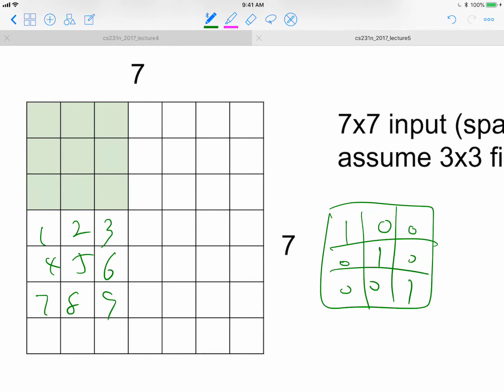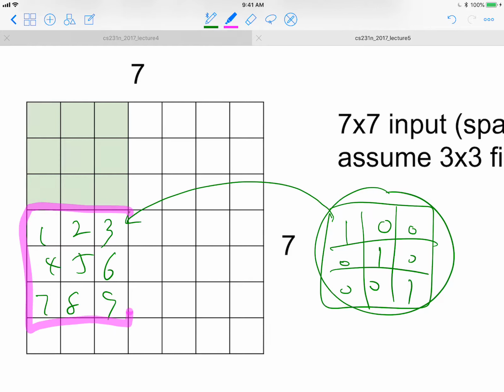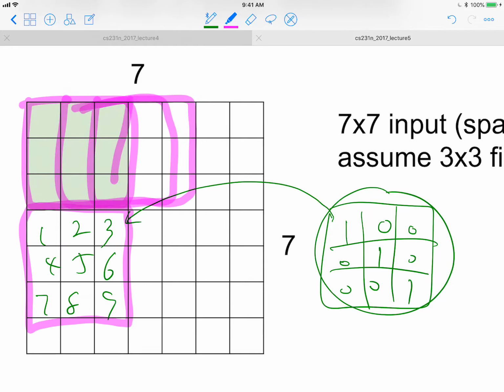Okay, and if we just compute the activation at that particular position, the output activation will be 15, right? Because we are doing a 9-dimensional inner product, right?